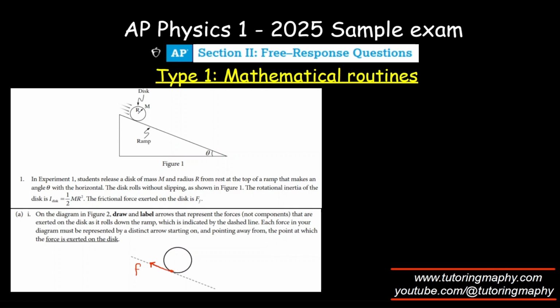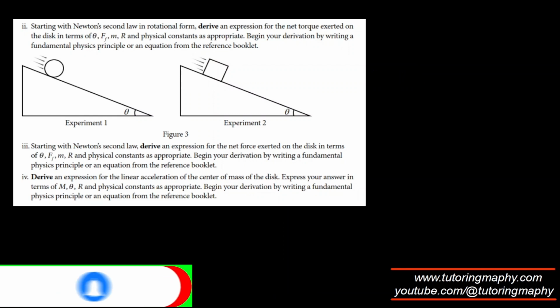A normal also acts at the point of contact, so over here, something like this. And mg is going to act at the center of mass, which is over here, looking downwards. I can denote it as Fg, or probably I can say mg as well. Both are okay. The mass is capital M, sorry, capital M times g. So that's how we represent the FBD.